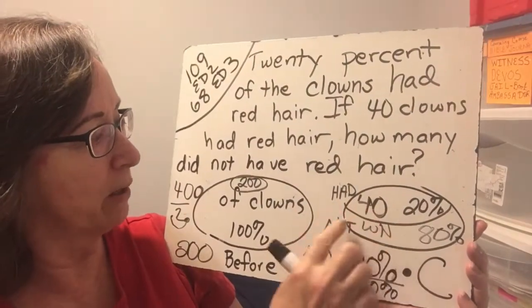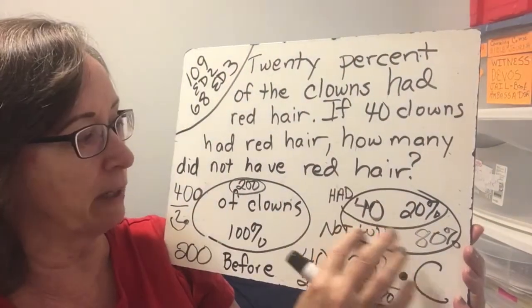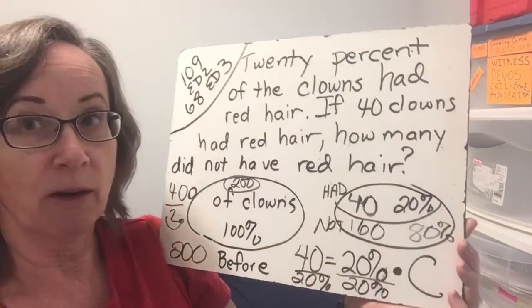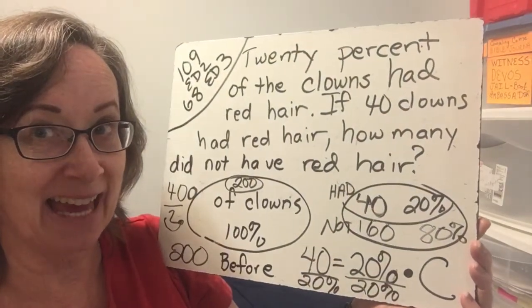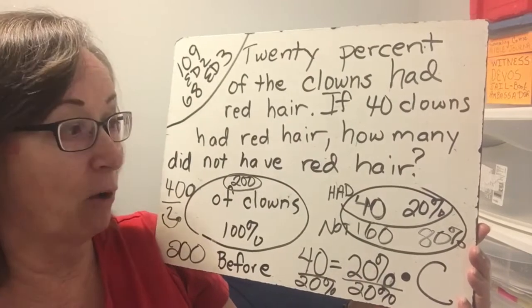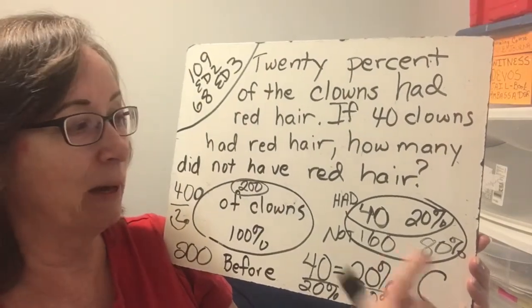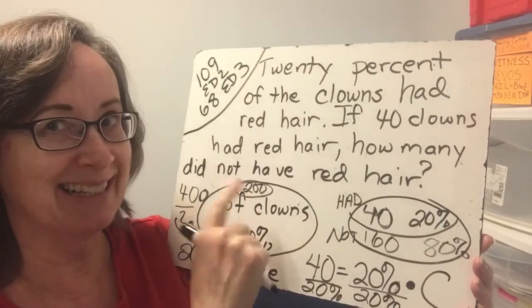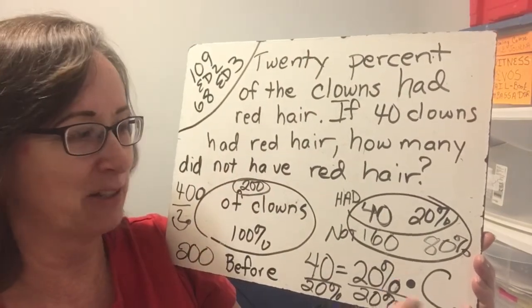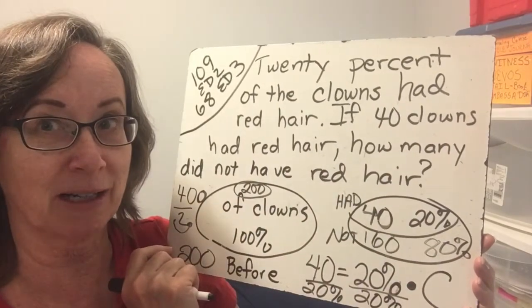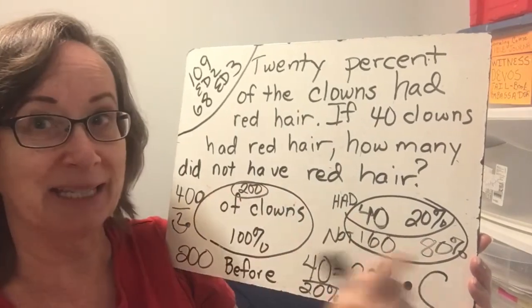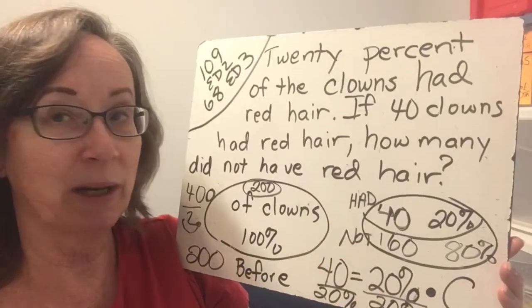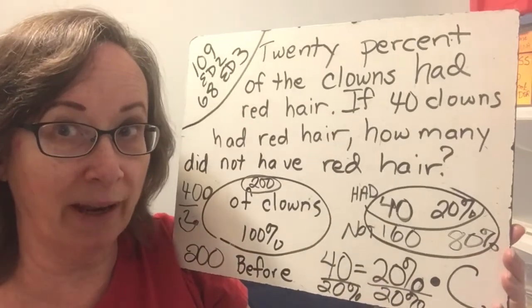We're going to say 200 take away the 40 is 160. 160 clowns had no red hair. We could check by saying what is 80% of 200, and 80% is 80 over 100. The 100 on the bottom and the 200 on top cancel, leaving 2 times 80, which is 160. And it works. So 160 clowns had no red hair.